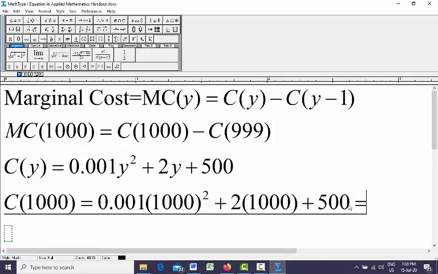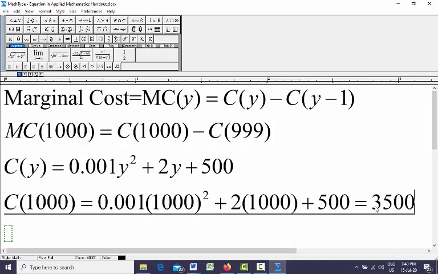If you use your calculator, type it exactly the way it is. You can type it in your calculator from here to here fully, and then press equal. 0.001 multiplied by 1000 square plus 2500, so 3500.